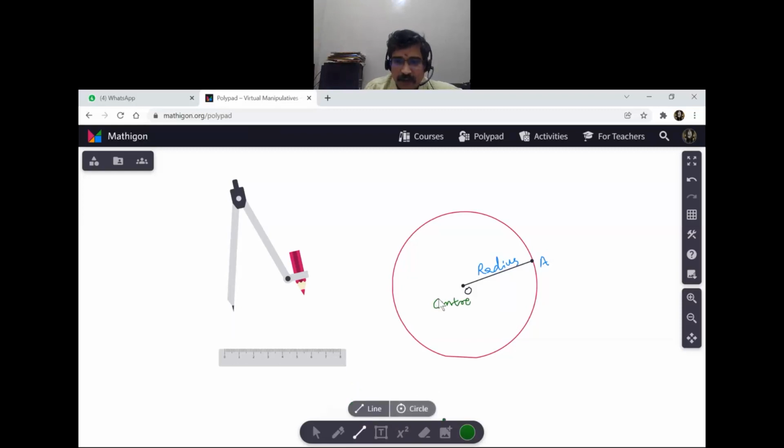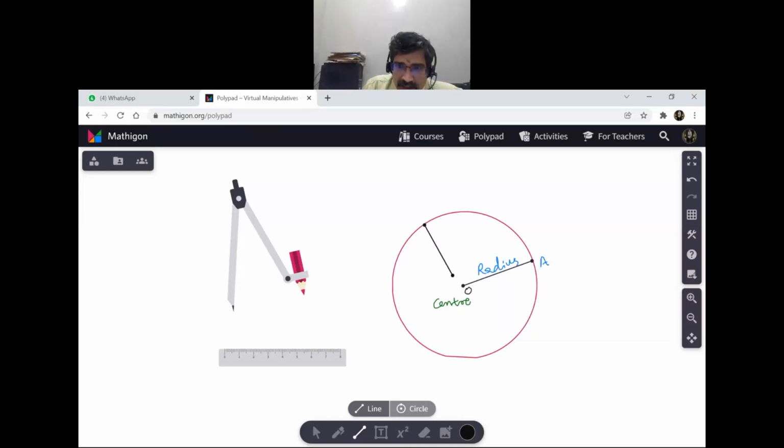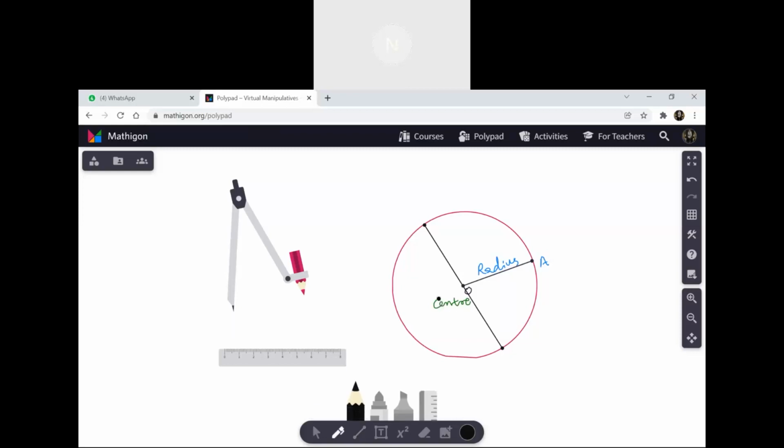And if I want to draw, let's say, a diameter, I have to take a line segment, the longest chord, sir. If we draw 2 to 3 diameters, they will all intersect at the center of the circle, sir.